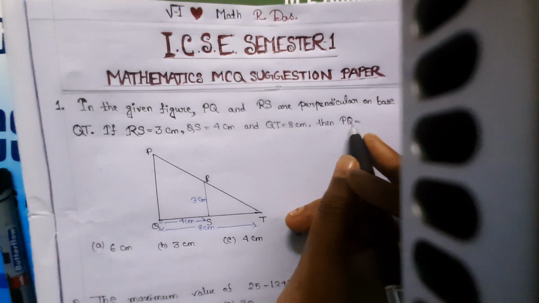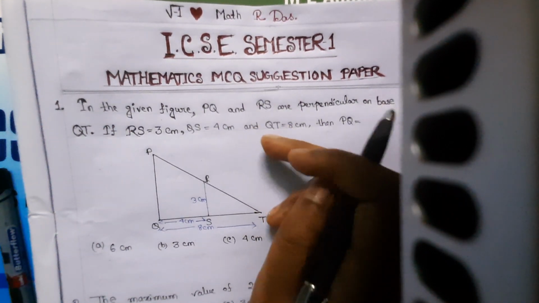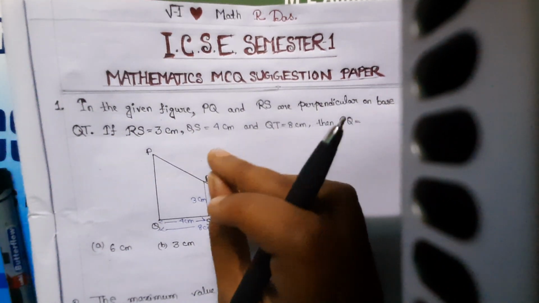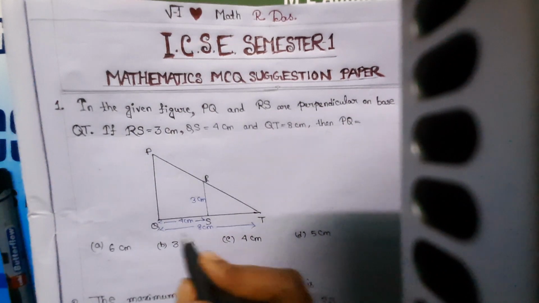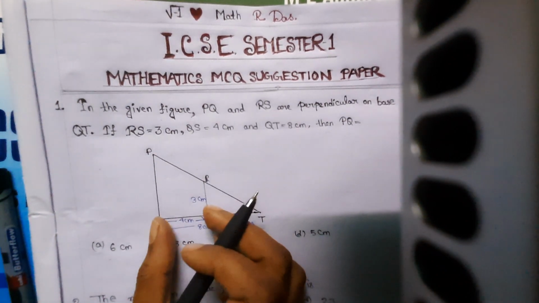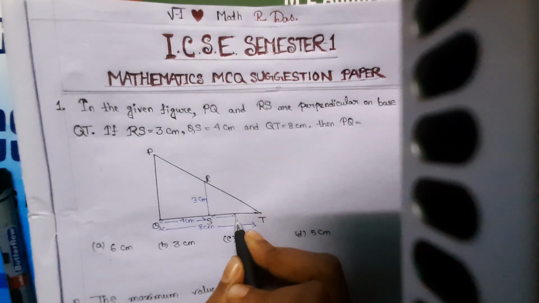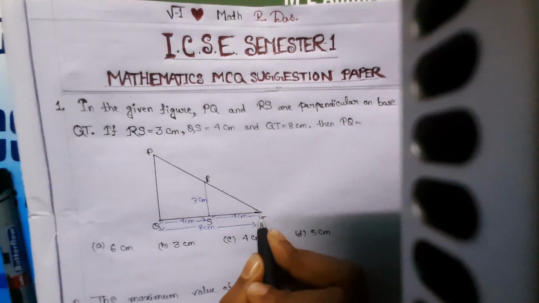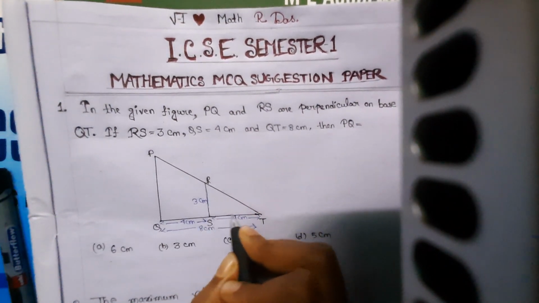This problem is coming from the similarity chapter, and you can solve it by visualization. The full length of this base is 8 and QS, the small part, is 4 cm. So the remaining ST is again 4 cm, since the full length is 8 cm. Now consider this small triangle.